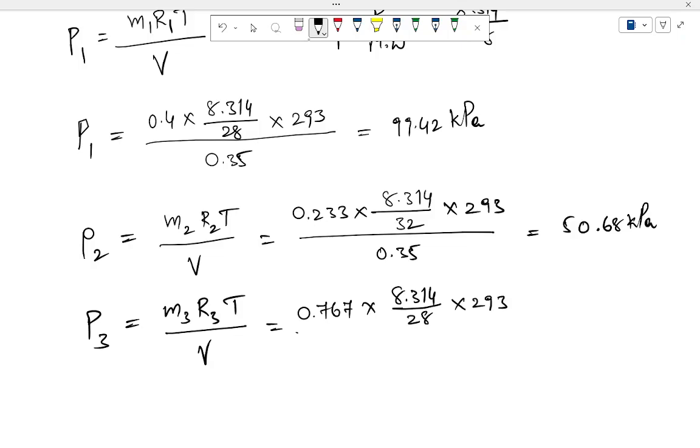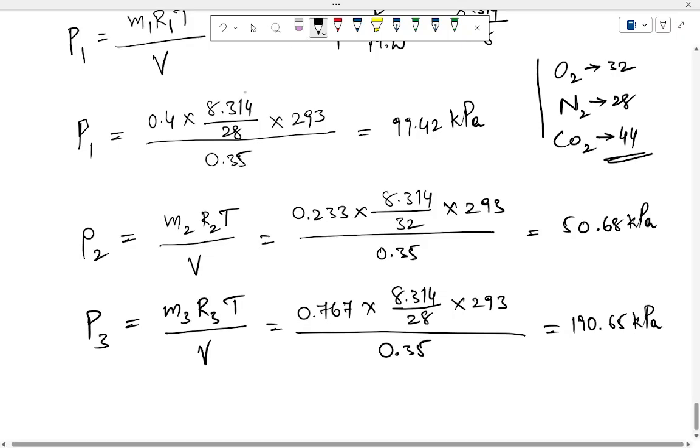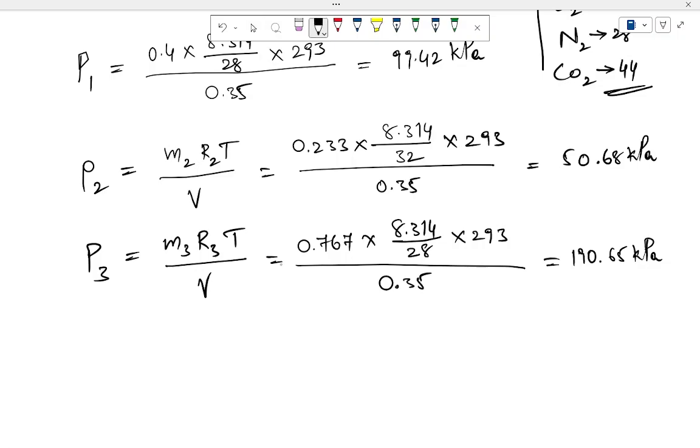So you should remember the values for oxygen, nitrogen and CO2. They are not given in question. Oxygen 32 is the molecular weight and the nitrogen the molecular weight is 28 and the CO2 is 44. This must be by hearted. They will not be given in the question. You have to remember and substitute. The volume value is 0.35 meter cube given in the question. So you can substitute that directly and you'll be getting 190.65 kilopascal. So that's how you'll get the P1, P2, P3 pressures.